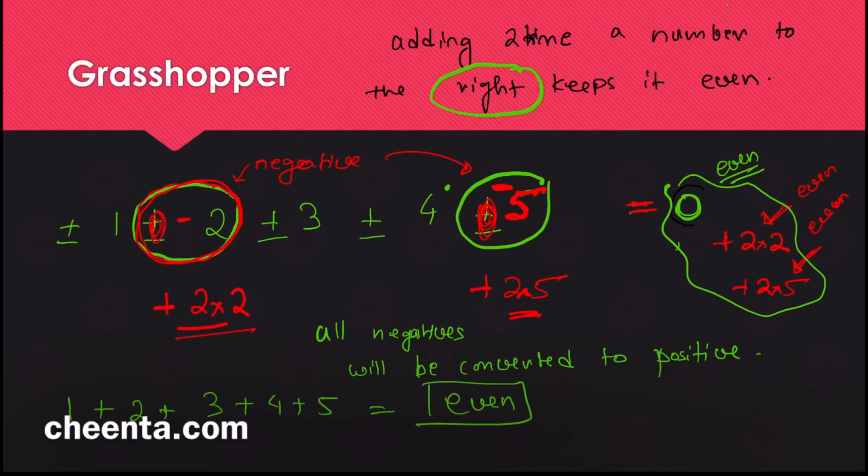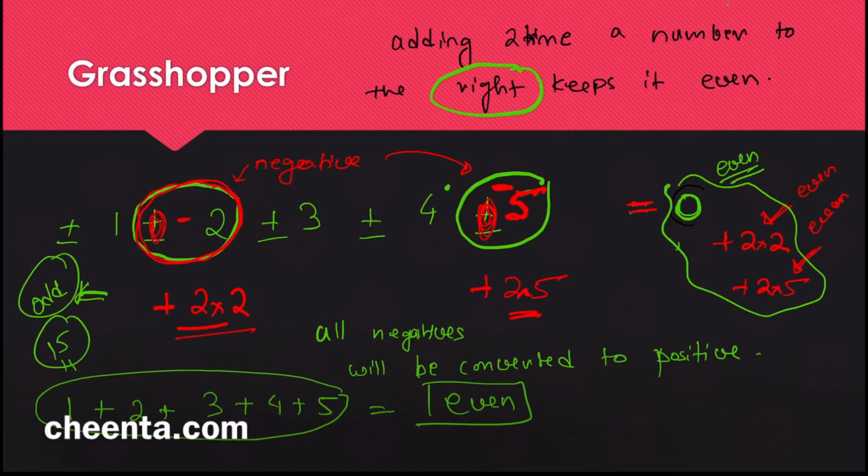And we have found a contradiction, because this is 15, which is odd. So this number on the left hand side cannot be equal to the number on the right hand side. In the beginning, the parity of the left hand side was odd and the right hand side was even. So there is a contradiction.